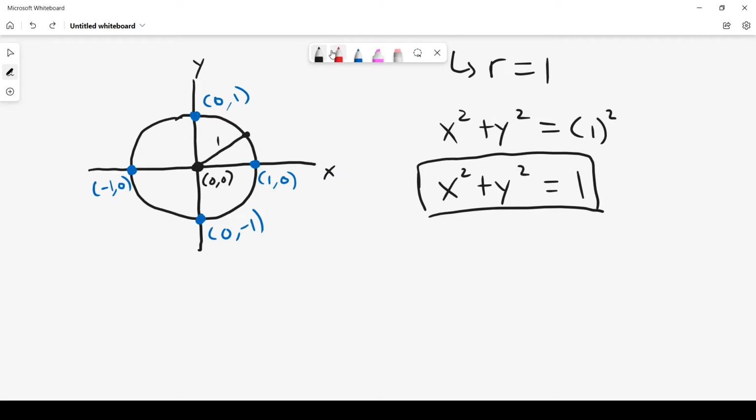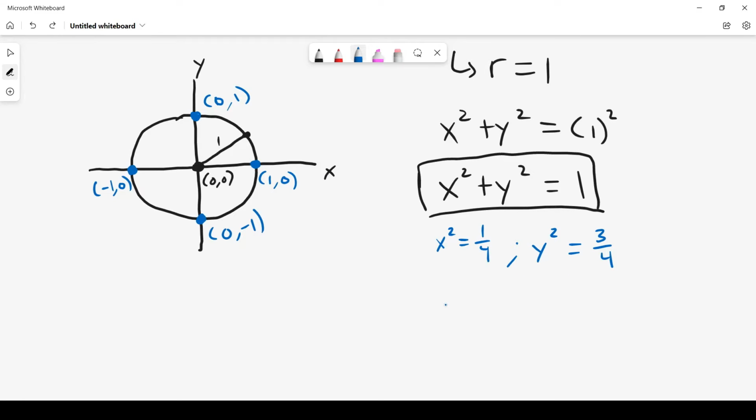Let's say x squared is a quarter, and in that case, y squared, if we want to sum these and add them up to 1, then y squared must be 3 quarters, right? If you have a quarter and then you add 3 more quarters, then that'll get you up to 1.